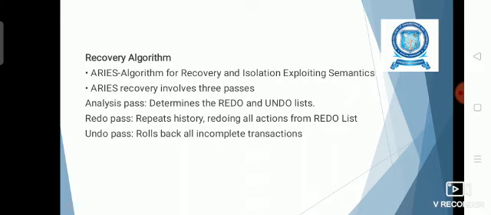Next we shall see one algorithm, the ARIES algorithm. ARIES is the short form of Algorithm for Recovery and Isolation Exploiting Semantics. This algorithm is used to recover the transactions. It does three passes. First one is the analysis pass, second one is the redo pass, third one is the undo pass.